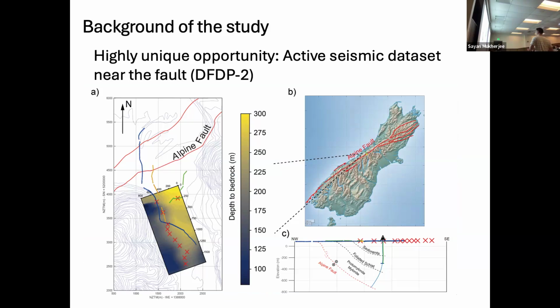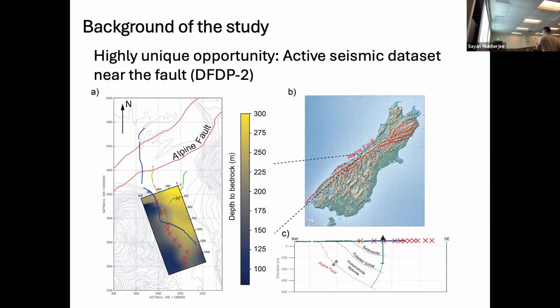Here is a base map indicating where this drilling project happened and its position relative to the Alpine Fault. Here is a zoomed-in map showing the walkaway VSP, and the red cross is the offset VSP shot point for the DFDP data.